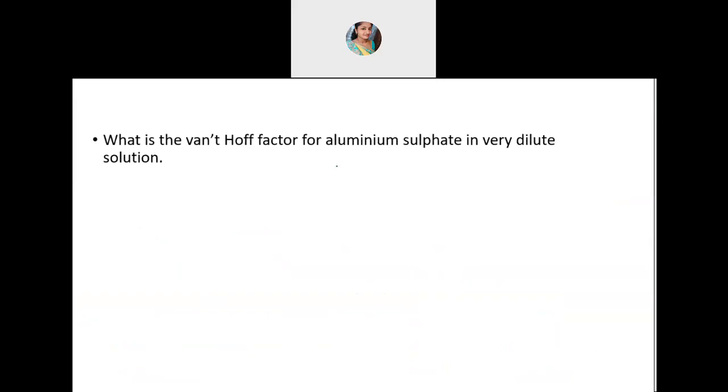So now, can you tell me what will be the Van 't Hoff factor for aluminium sulfate in very dilute solution? Aluminium sulfate, what will be the Van 't Hoff factor? The i value for that. Aluminium sulfate formula is Al2(SO4)3. You need to calculate the i value for this.